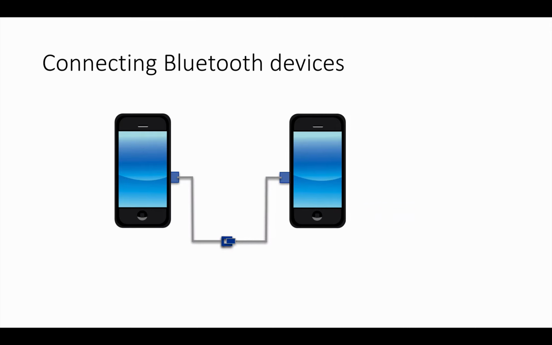So they slide in there and connect like that. This is all done virtually. It's wireless, obviously because it's Bluetooth, but this is just an example to show kind of how this is going to work. And once we get a little bit further into the tutorial, this will make a lot more sense. But just know that in order for the two devices to connect, there has to be a receiving socket and a socket that initializes the connection.